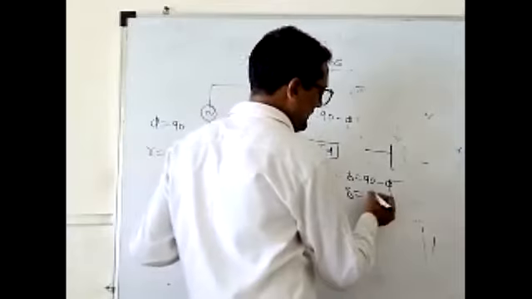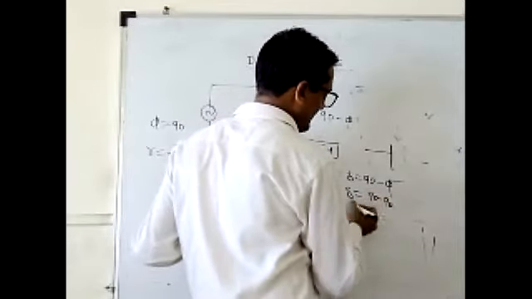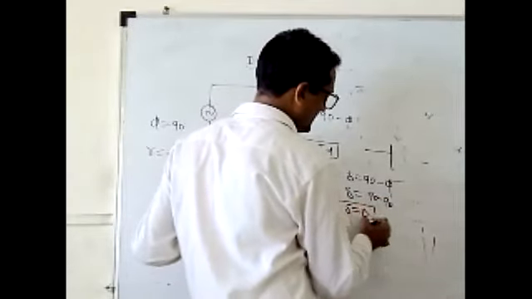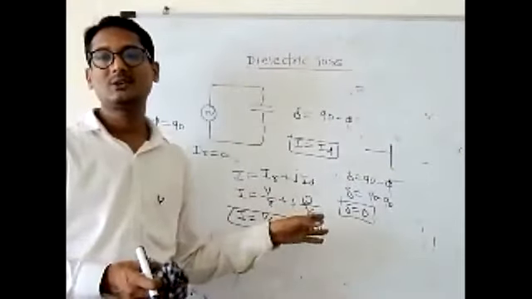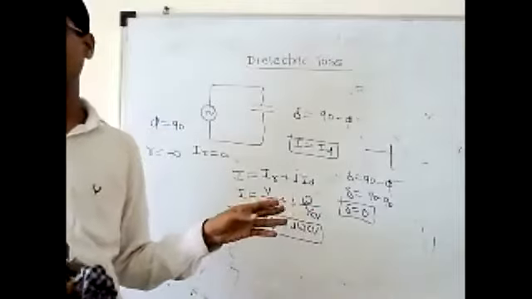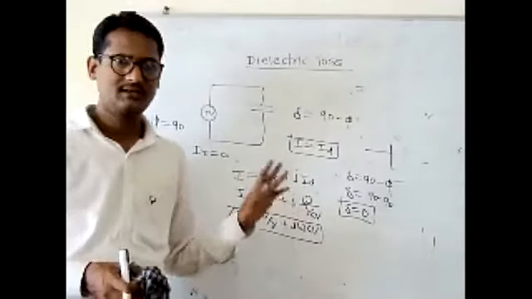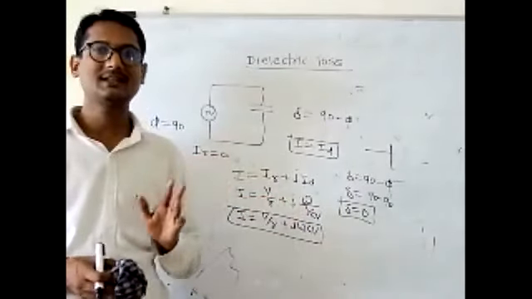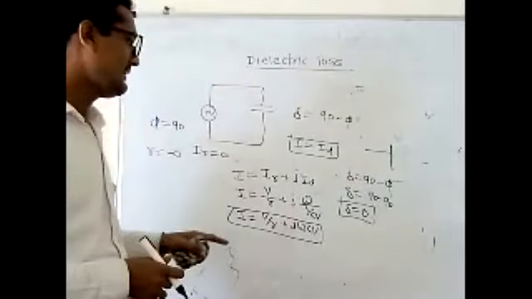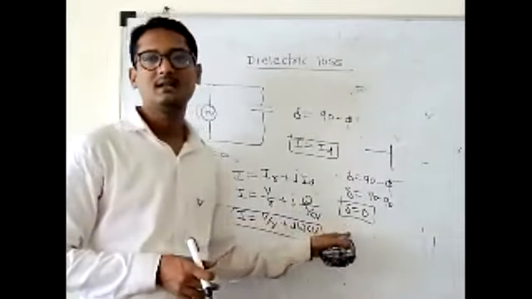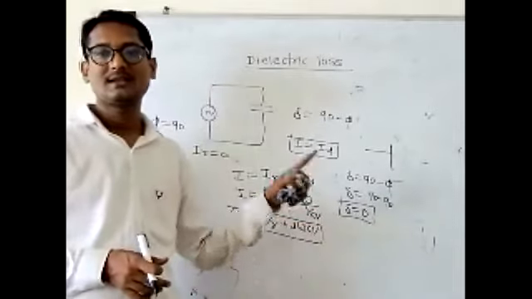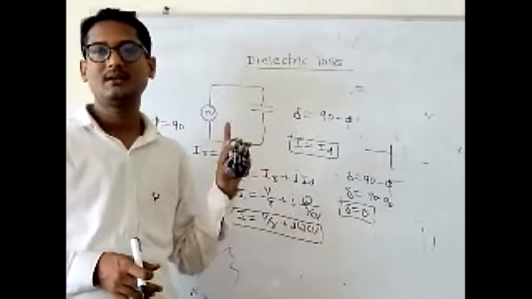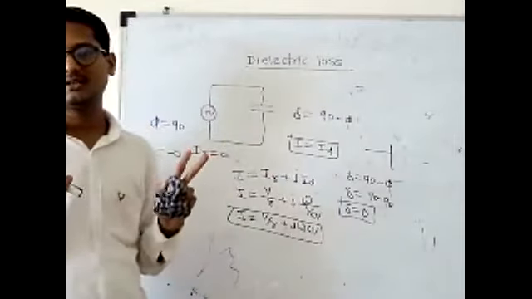Therefore 90 minus 90, delta equals 0. Delta is the dielectric loss angle. That means in case of an ideal circuit, the dielectric loss angle is 0 and the internal resistance is infinity.